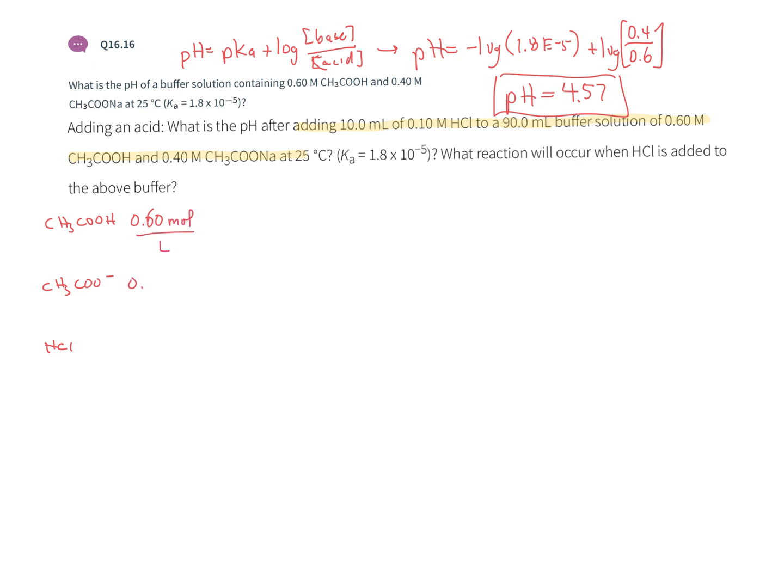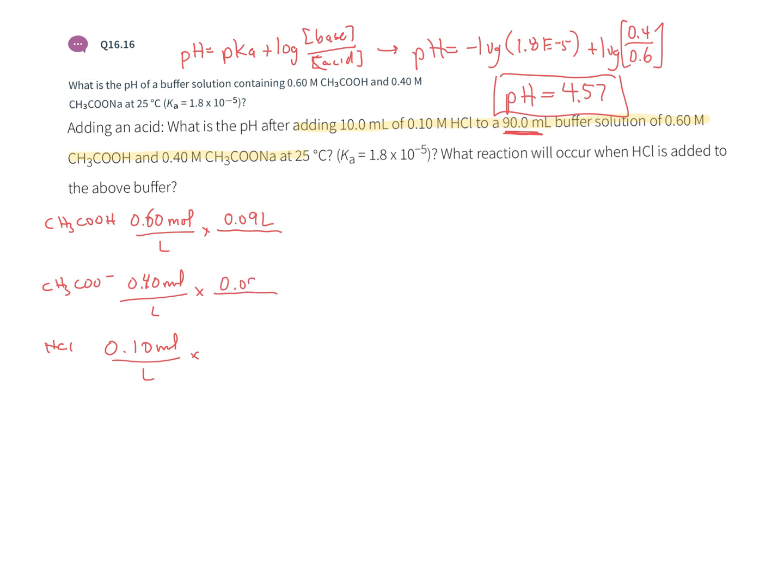My acetate is 0.4 moles per liter, and my HCl is 0.1 moles per liter. My volume, I have 0.09 liters of that solution. I take 90 milliliters of that buffer.